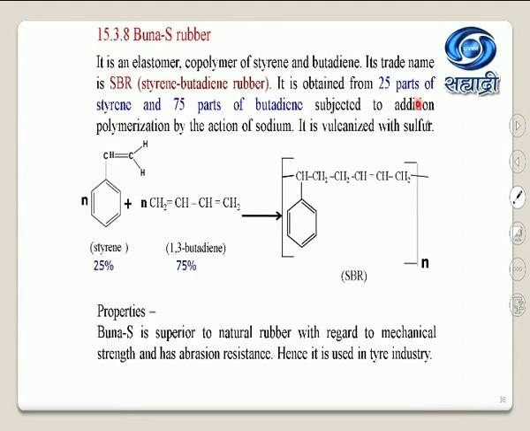It is obtained from 25 parts of styrene and 75 parts of butadiene, and it is subjected to addition polymerization by the action of sodium. It is vulcanized with sulfur. So these two compounds are monomers of Buna S rubber.